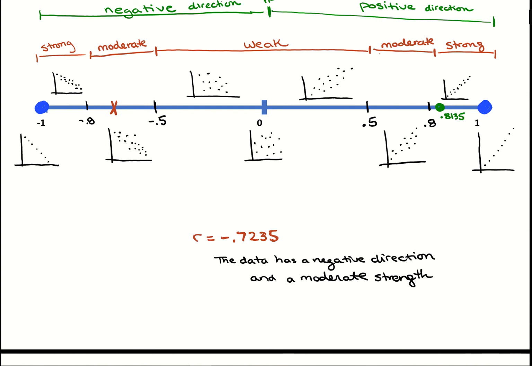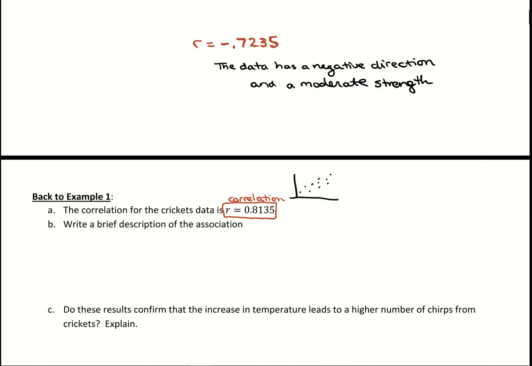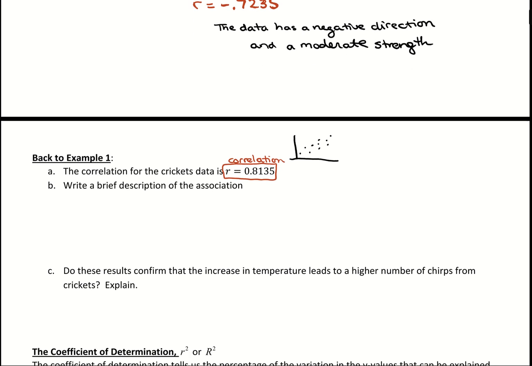So with that, we get two pieces of information. You can see the linear relationship is strong and it's going in a positive direction, which again, the direction we can usually see from the graph itself, but the strength is a little more difficult.